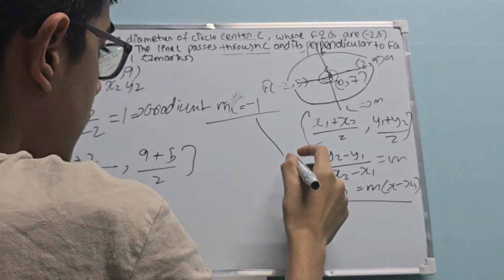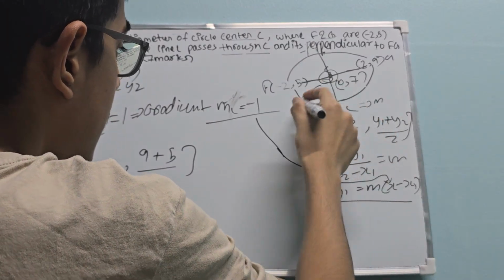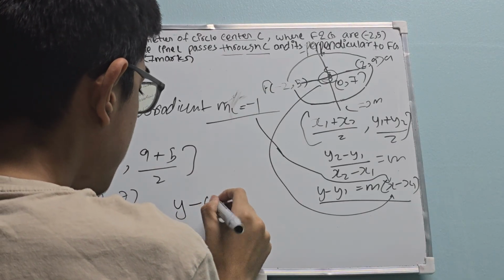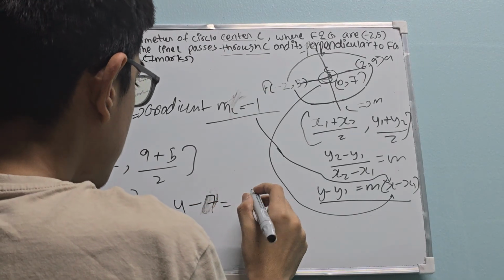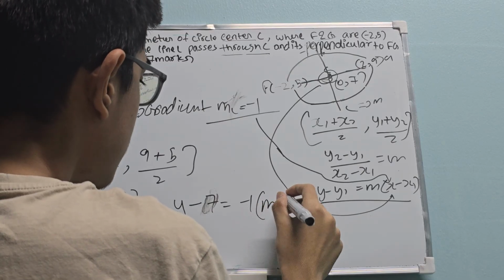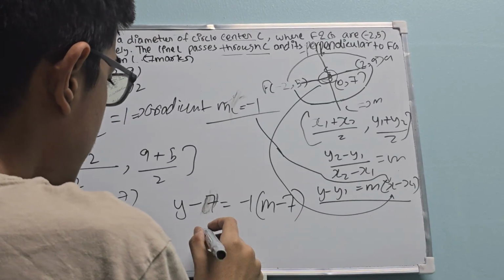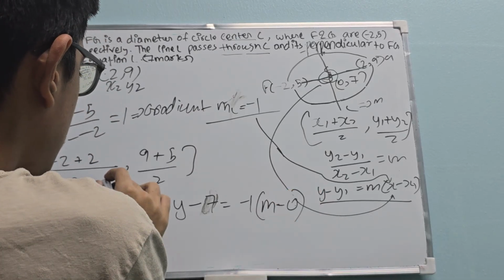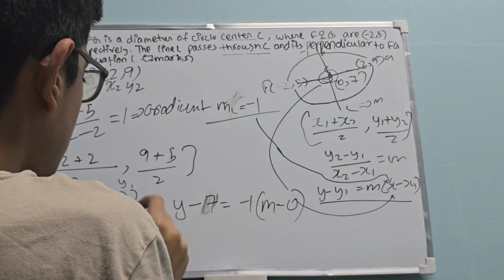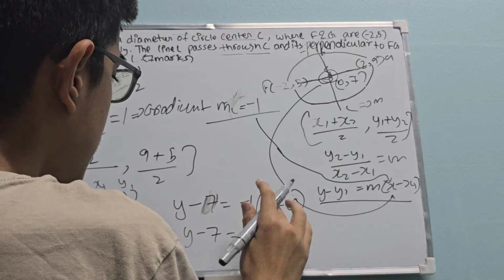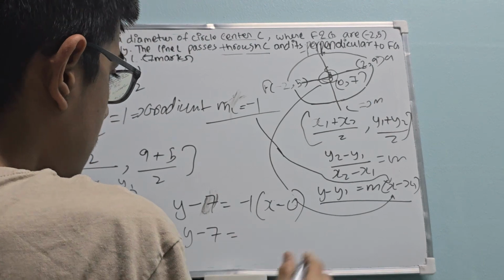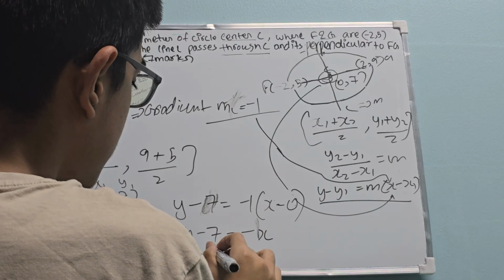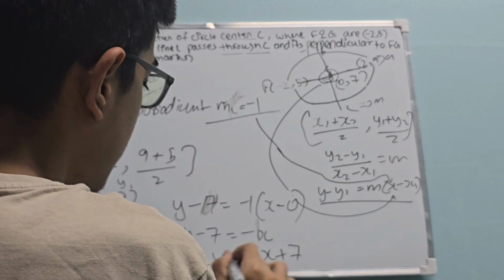So we can substitute this into the equation: y minus 7 equals minus 1 times (x minus 0), so y equals minus x plus 7.